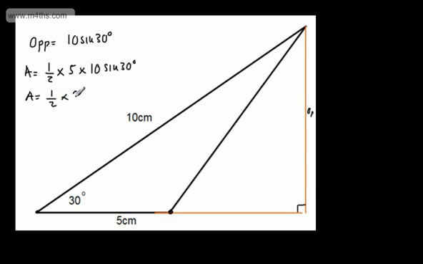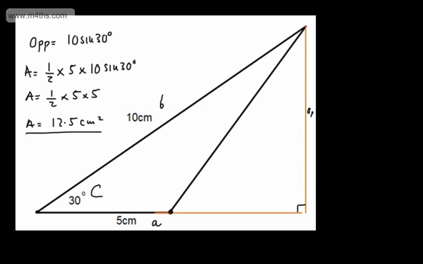So let's multiply this up, and that's going to give me 25 over 2, so the area will be 12.5, and that will be centimetres squared. So there's our area. So we've done 1/2 base times the height, or 1/2 AB sine of C, and that is our enclosed angle.